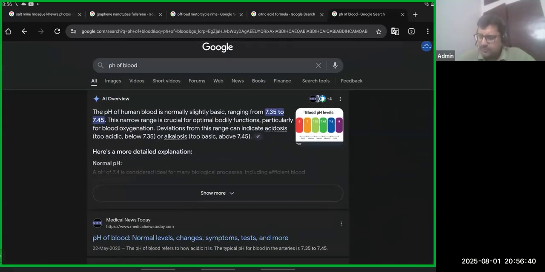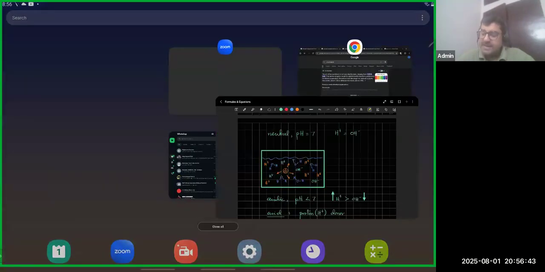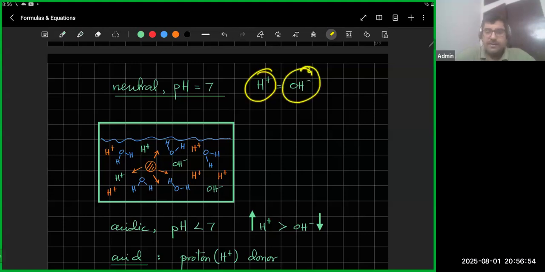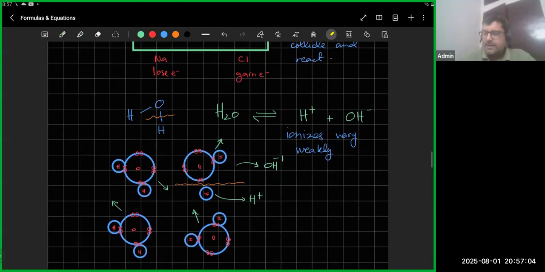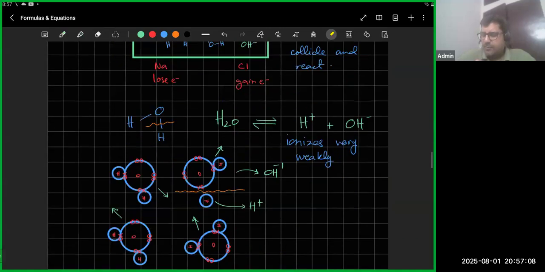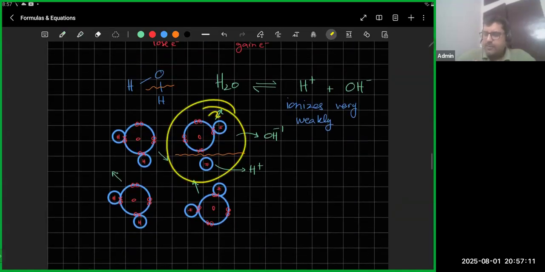Okay, so when it's exactly 7, what does that mean? It means that the water that you have has exactly the same amount of H+1 and OH ions. Every time water breaks down, it produces H+1 and OH ions in equal amount. If you have one water molecule, it will break down and produce one OH ion and one H+1 ion, right?